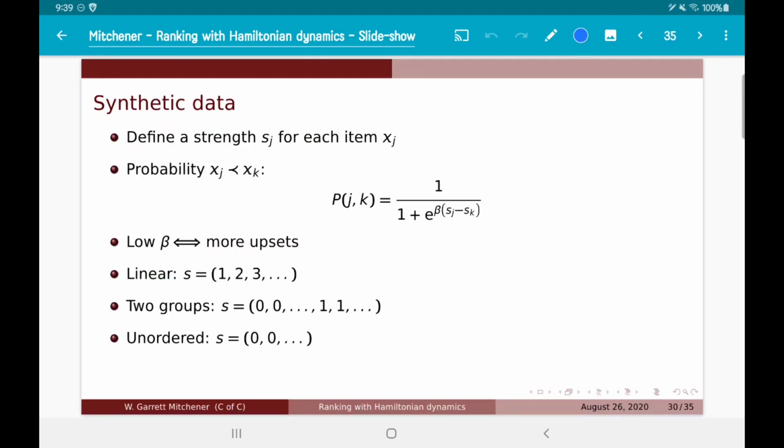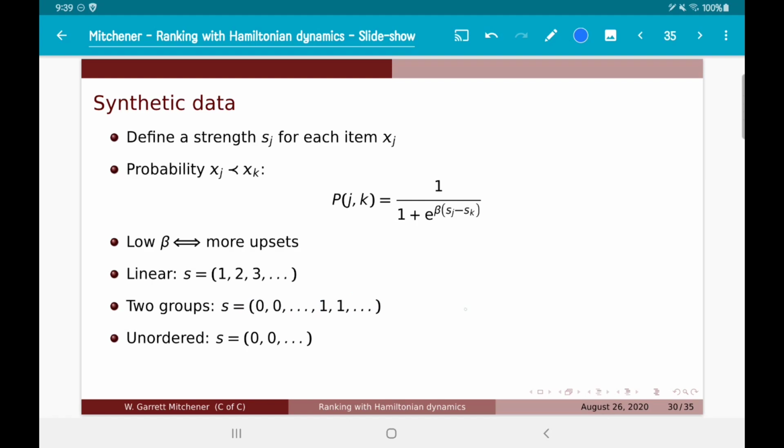So now let me go back to the next 2 batches of synthetic data. Same model. Every item has an inherent strength, Sj, but now instead of having nice evenly spaced strengths, I'm going to put one group of particles at strength 0 and another group of particles at strength 1.